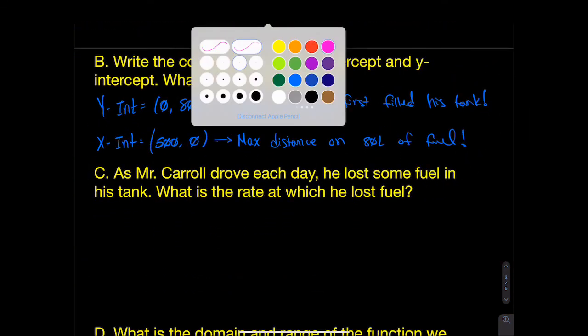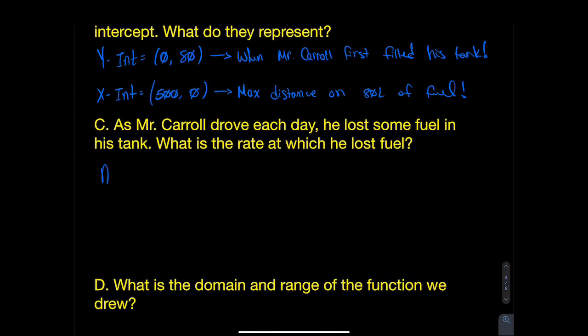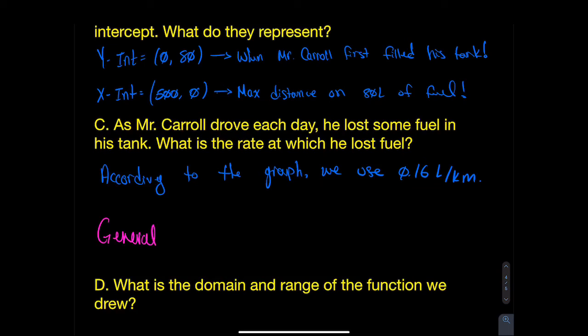So let's go back to the question. According to the graph, we use 0.16 liters per kilometer. The general formula for that is you're going to find two nice points.